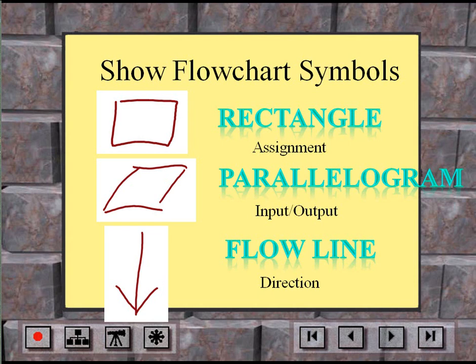Like I said, the rectangle is assignment. The parallelogram could be input or output, and the flow line usually gives an arrow to show you which direction it's going in. It's not required. Sometimes it's just assumed that in programs, when you're flowcharting, you flow from top down. We'll talk more about that later too.